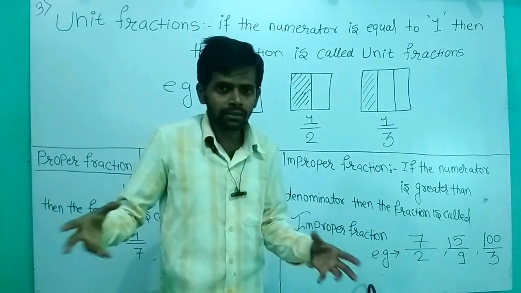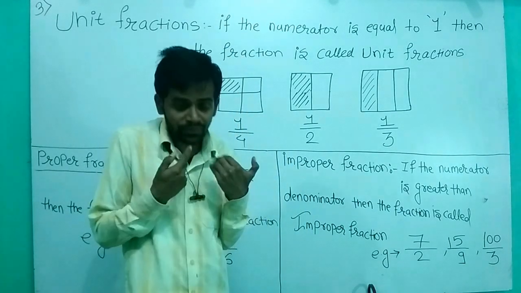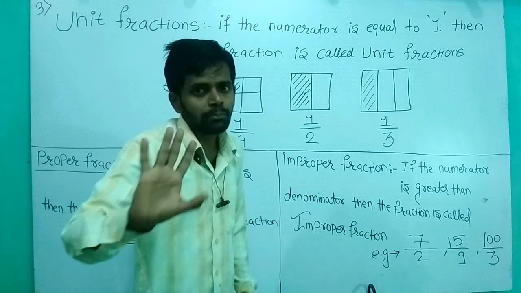Then they concluded that it is a fraction, a new type of fraction, ये कुछ अलग तरह का fraction है और उसको फिर एक नया नाम दिया गया, that is called an improper fraction.